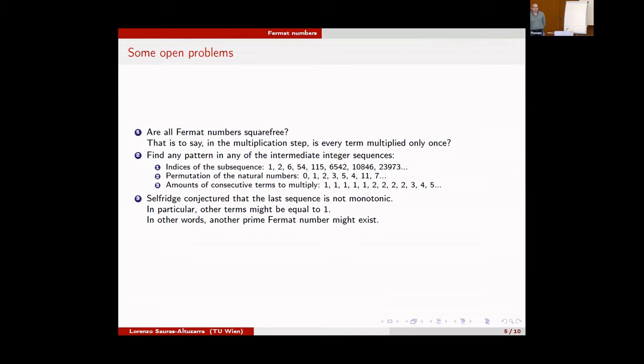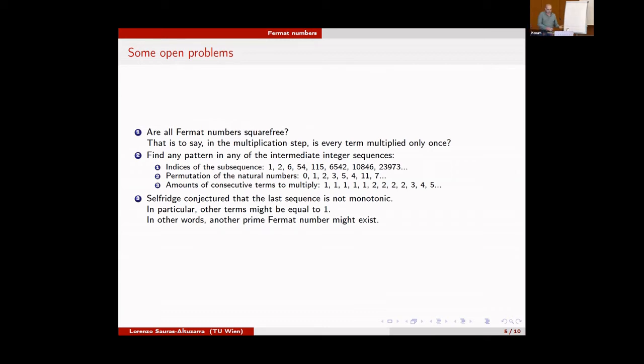So in particular, it could decrease at some moment even to 1, which would mean that another prime Fermat number might exist. This is usually the most important question in this area, like why the first values are prime and later no one is known.